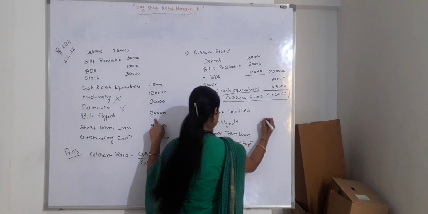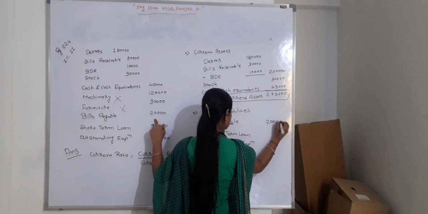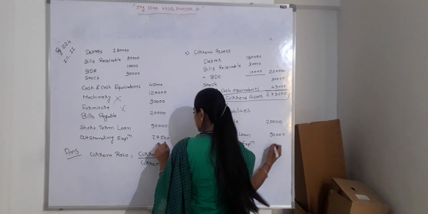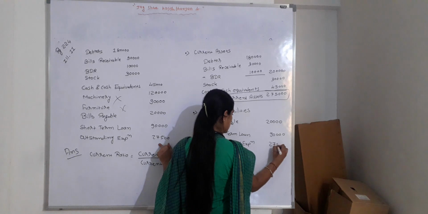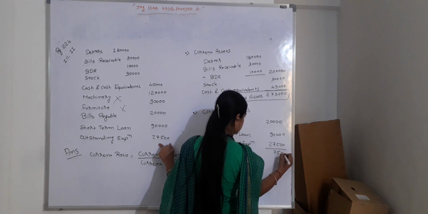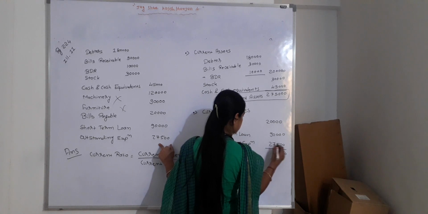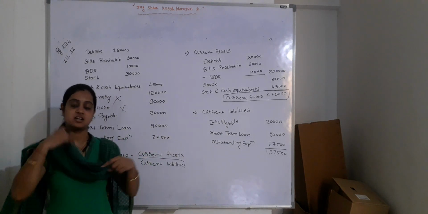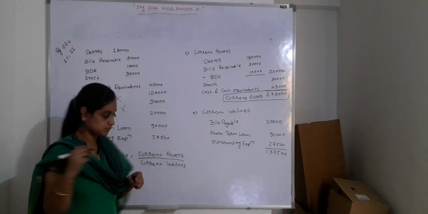Bills payable are 20,000, short-term loan 90,000 and 27,500. One lakh 37,500. That is our current liabilities.